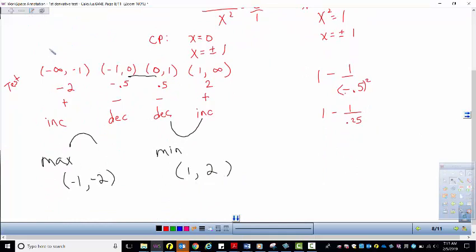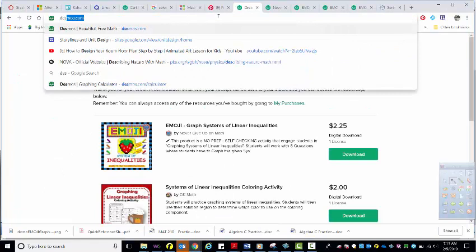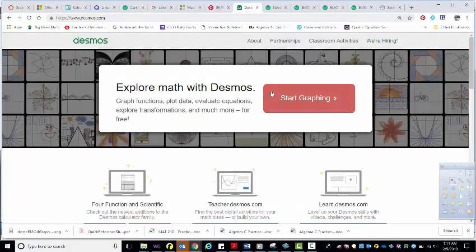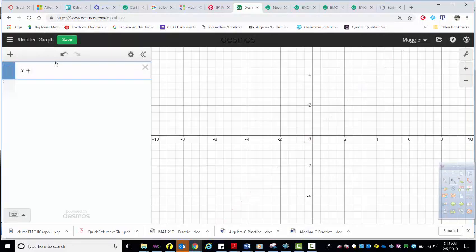So when you analyze this, your function is increasing on this interval and this interval. So from negative infinity to negative 1 and 1 to infinity, it's decreasing on these two intervals. And I'm going to pull up Desmos just so you can kind of see what this graph looks like. And we can talk about where it's increasing and decreasing.